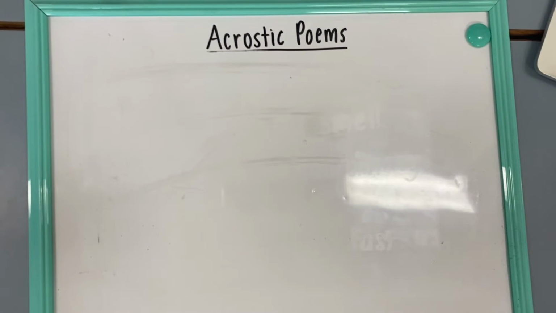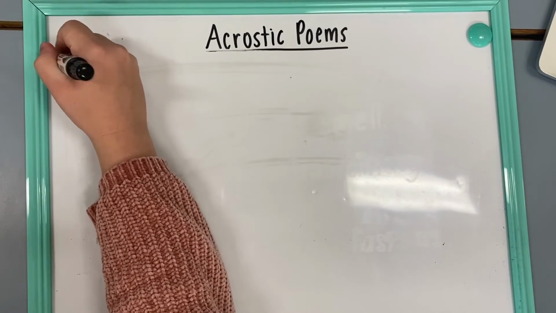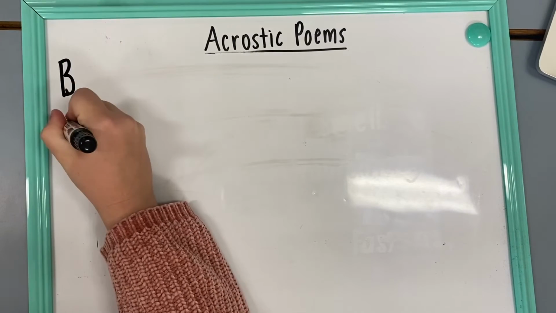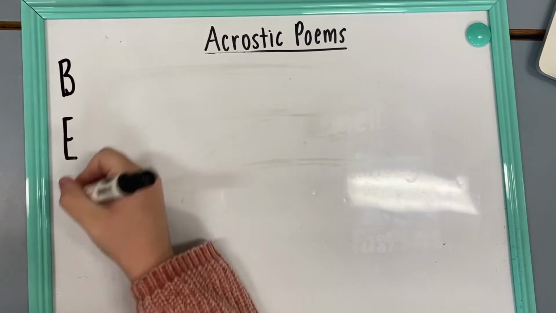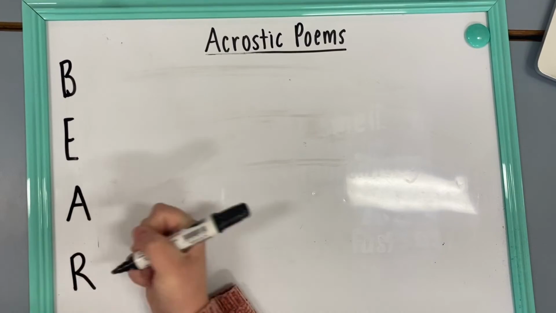So now I have in my mind some things that I might be able to write in my own acrostic poem. The first thing I'm going to do is write the word bear down the side of my page so that I know what letters I'm going to have to start each phrase with.